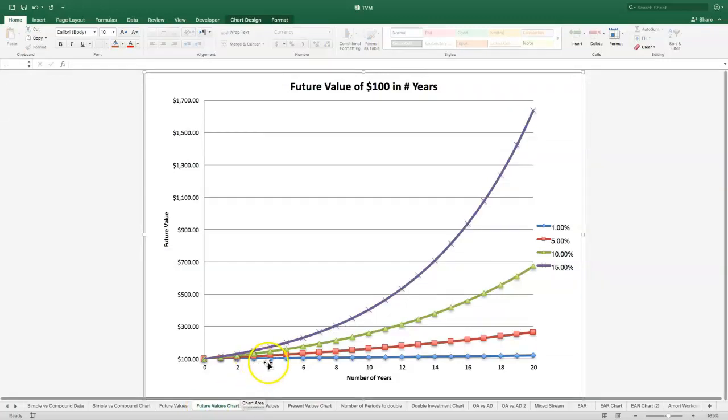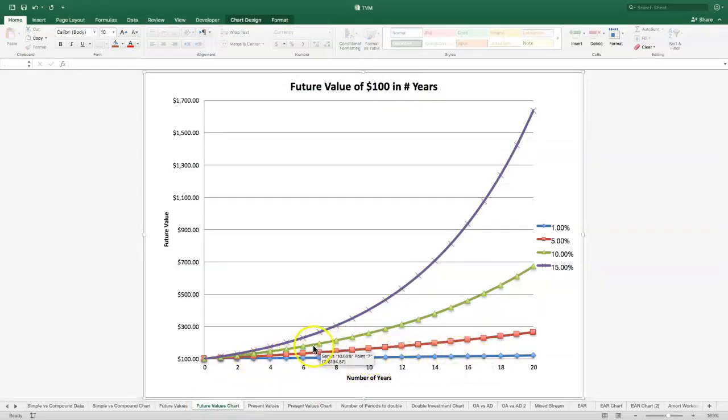So we can see that over time, no matter if we have 1%, 5%, 10%, or 15% interest rate, we have an increase in future values over time. And although you really can't see it here on the 1% line in the blue, it is also not a straight line. You can kind of get a little bit better feel for the 5%.